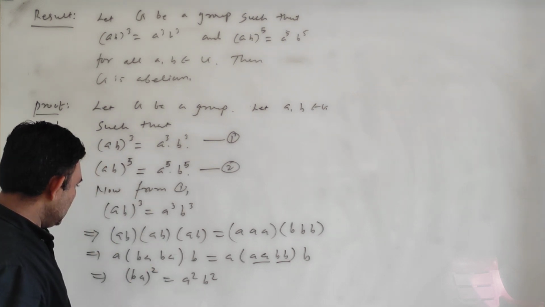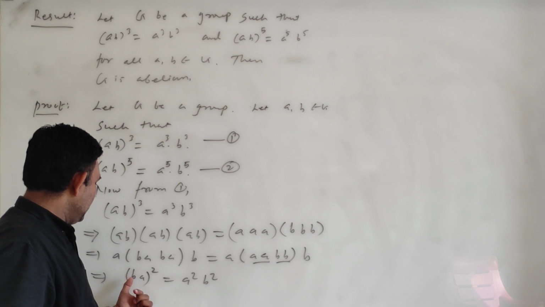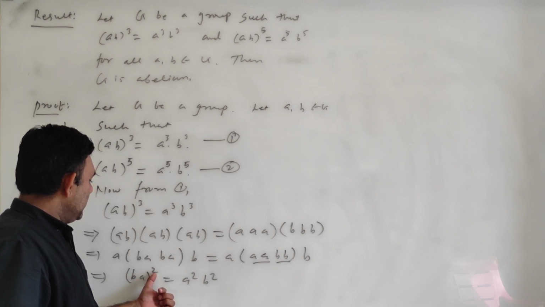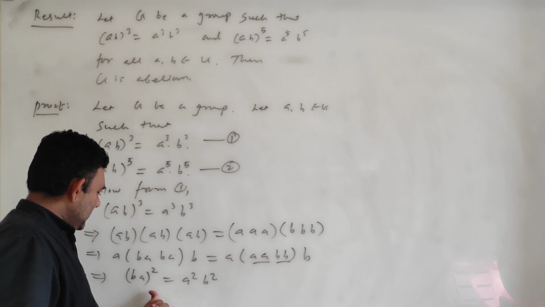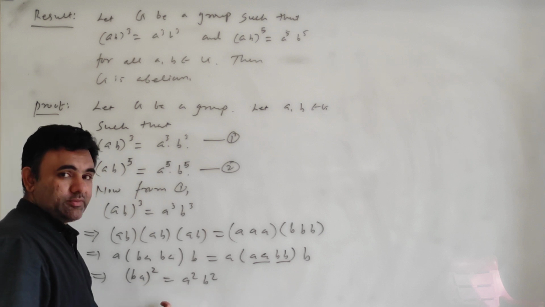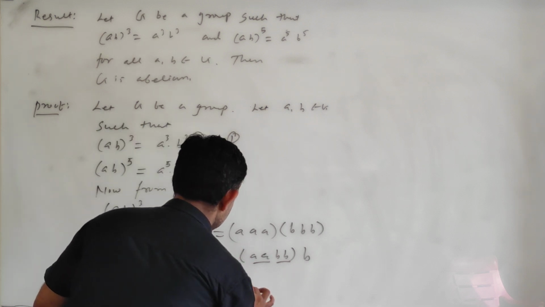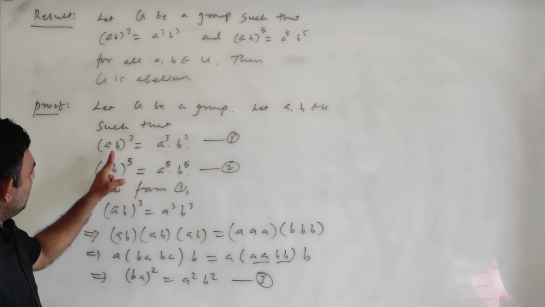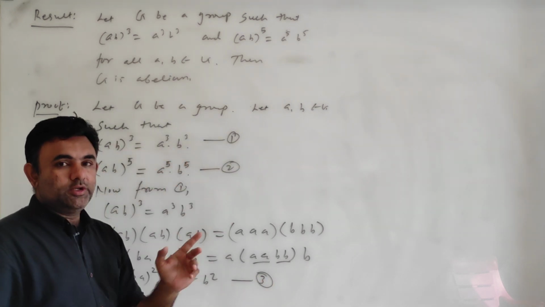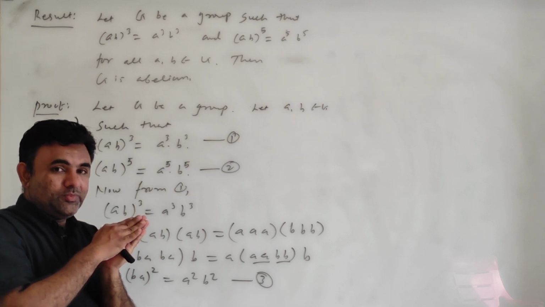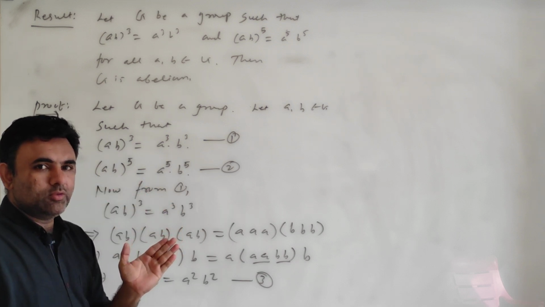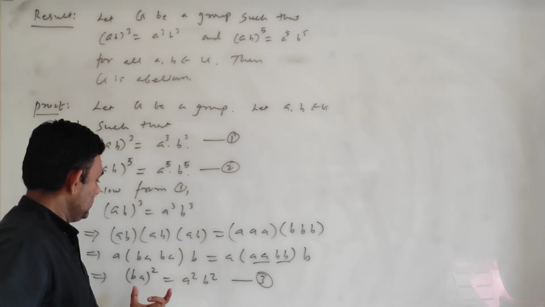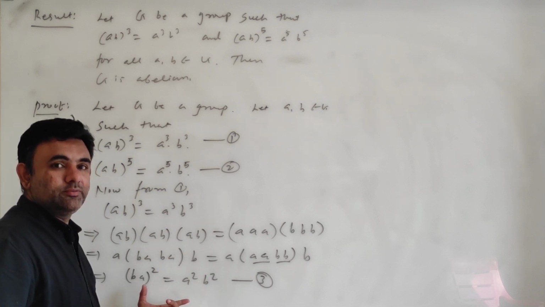So what I have proved here is, if I have (BA) square, then I can distribute this power 2 in reverse order, A square B square. That is nice information. Let me say it is result number 3. If (AB) cube is equal to A cube B cube, meaning I can distribute the power 3 from left to right, then I can distribute the power 2 in reverse order. That is the meaning of this result.